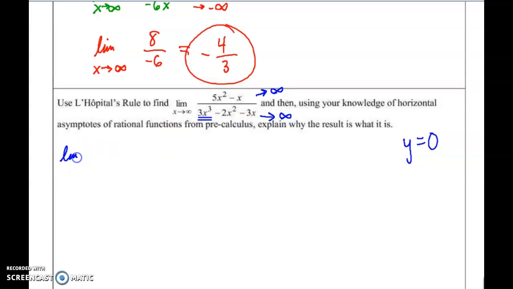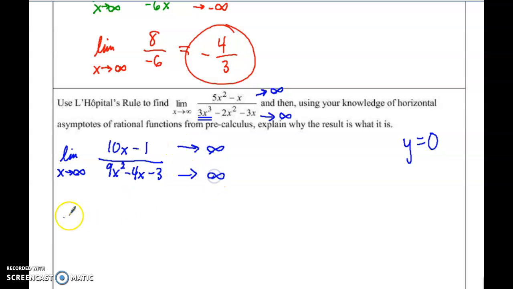And I'm not trying to go too fast, but I want to make this video somewhat short. Derivative of the top, derivative of the bottom. Still infinity over infinity. So do L'Hopital's again. And we have 10 over 18x minus 4.